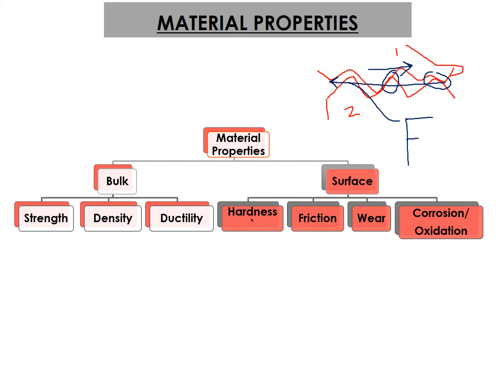Now comes wear. Wear, we know, is the progressive loss of material. You can take the example of this interlocking. So what will happen? These points where there are interlocks, sometimes they get cold welded. Just to quote an example, when action is applied by one surface, that breakage is there, meaning some of the material has been removed.